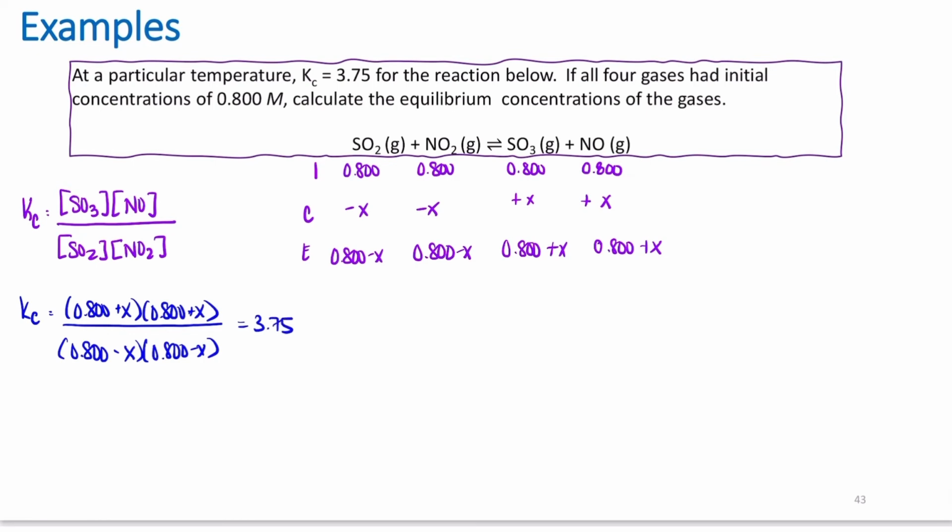What I want you to recognize here is these are perfect squares. This is the same as saying 0.800 plus x squared divided by 0.800 minus x quantity squared, and this equals 3.75. Because it's perfect squares, it's easy to solve.